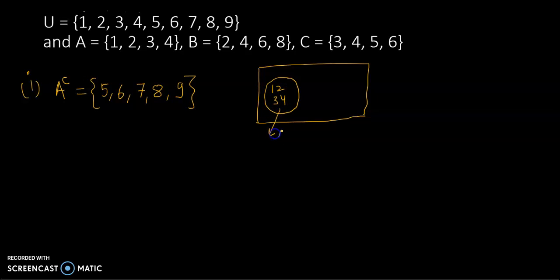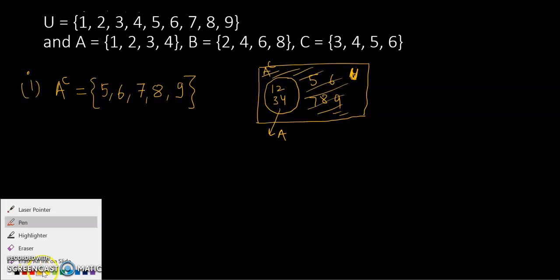Then 5, 6, 7, 8, and 9 are here, and of course some of them are going to be part of B and C. But specifically, if I'm talking about A, then this shaded portion becomes the complement of A. This is the entire universal set, and this shaded portion becomes the complement. Generally, in notation, you can write A complement somewhere here. So that's A complement for you.